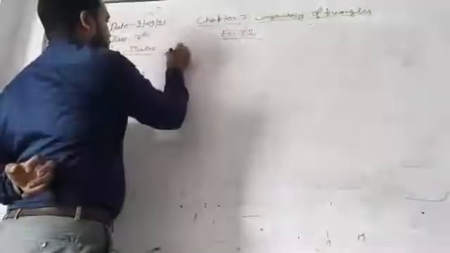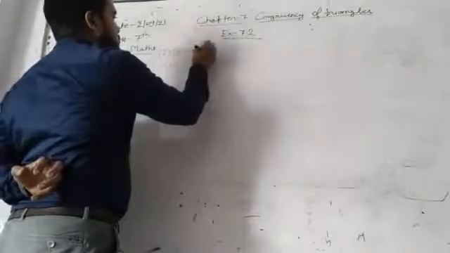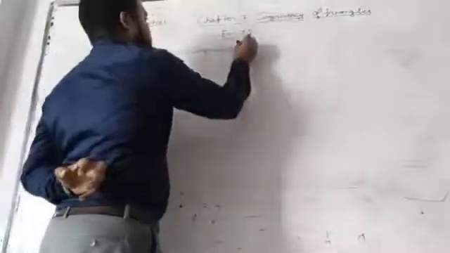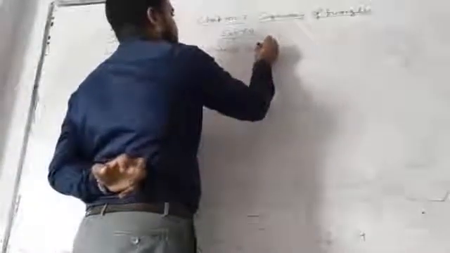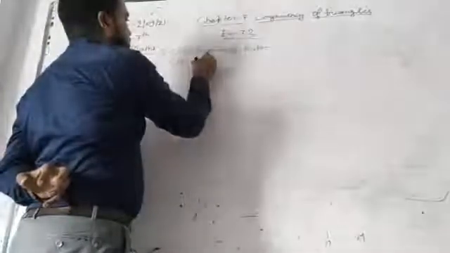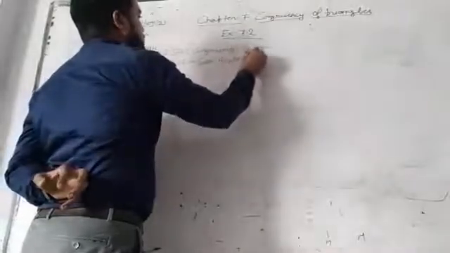Now our next criteria is the SAS congruency rule. SAS stands for side, angle and side.